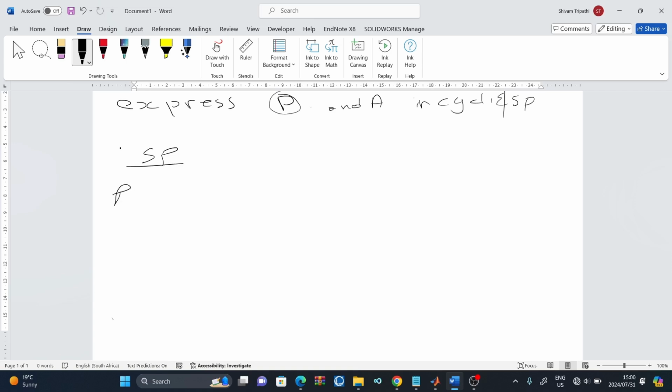For P, we calculate r of the system, and you know r is the square root of x squared plus y squared plus z squared, which will give us somewhere around 7.